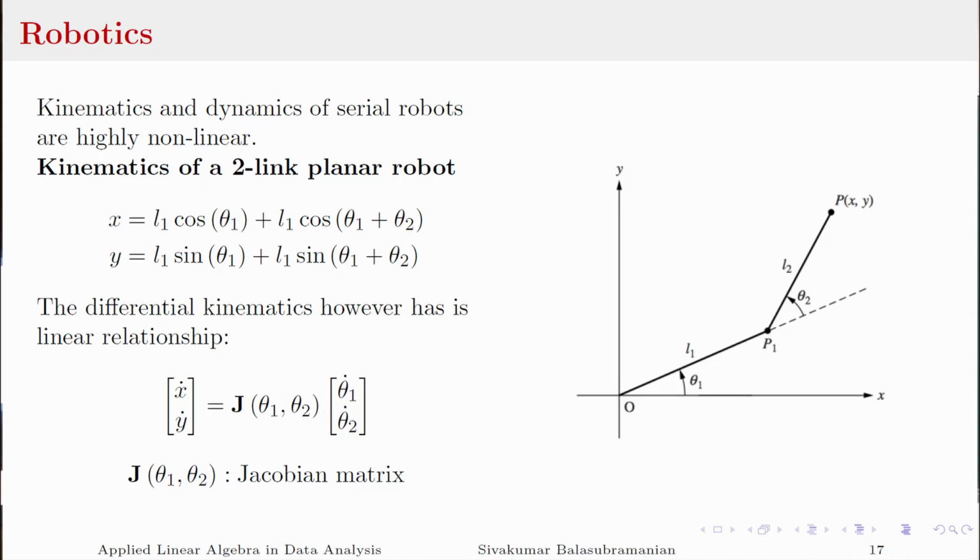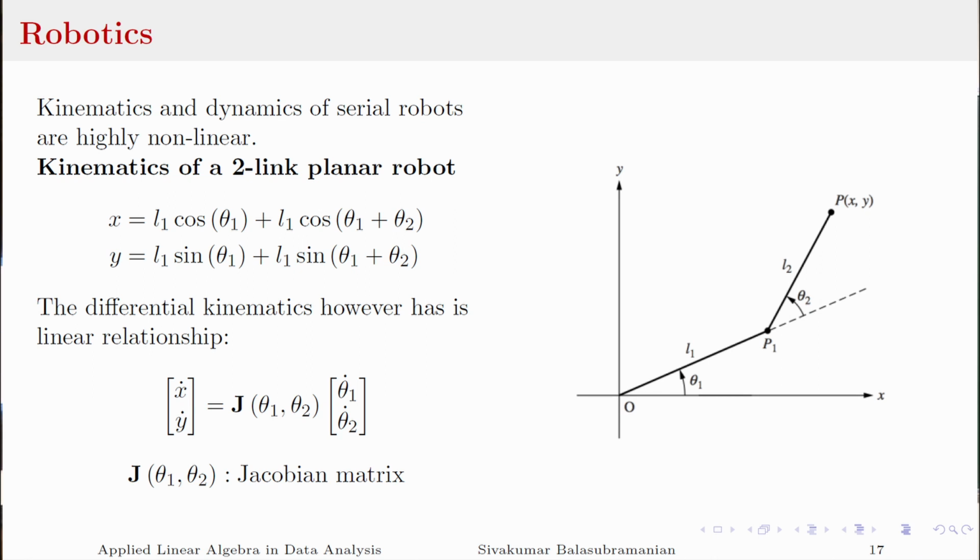But it turns out robotics is a highly nonlinear area, where there are a lot of nonlinearities involved. For example, if you think of a simple 2 degree of freedom link, the description of the position of this point P as a function of the joint angles is not linear. But it turns out, even though the kinematics is not linear, the differential kinematics is linear.